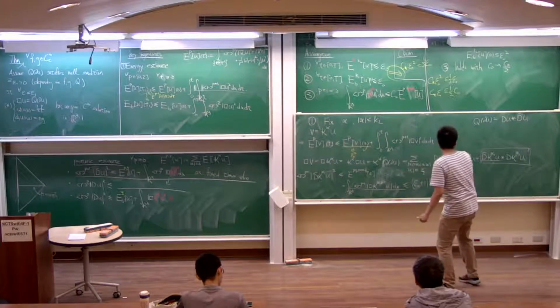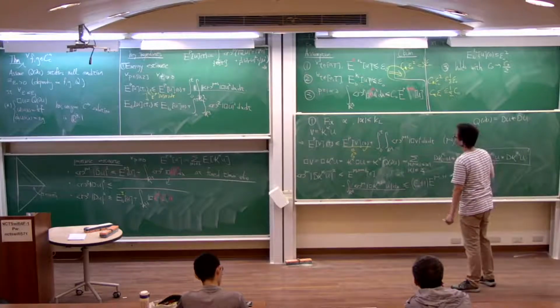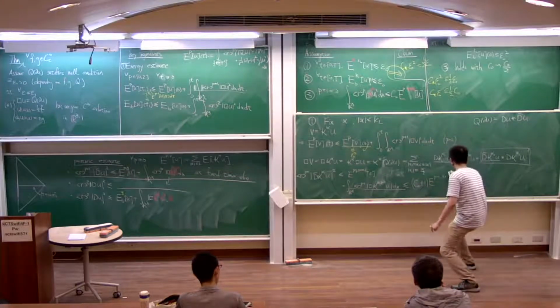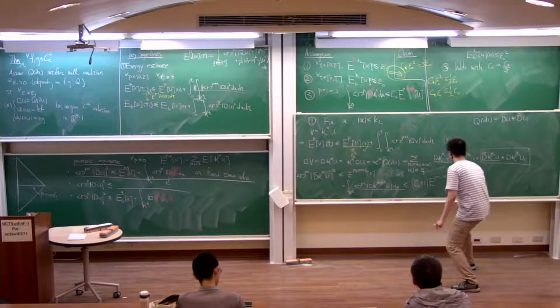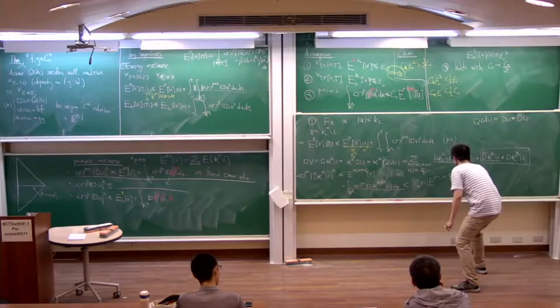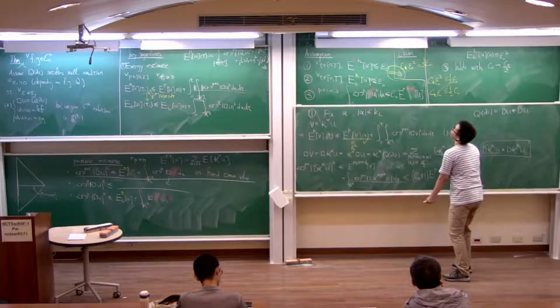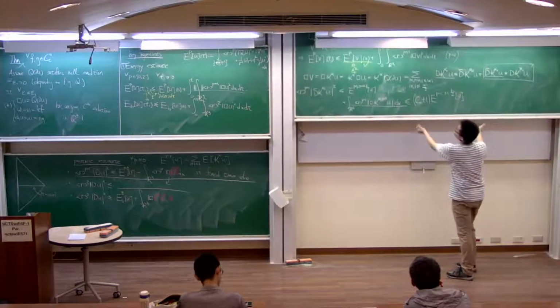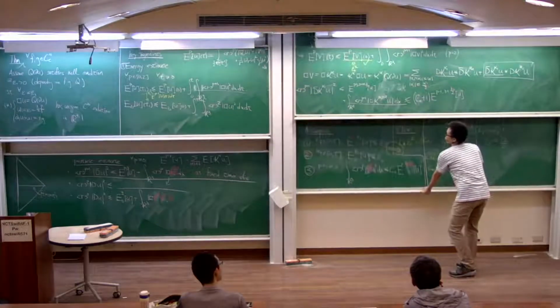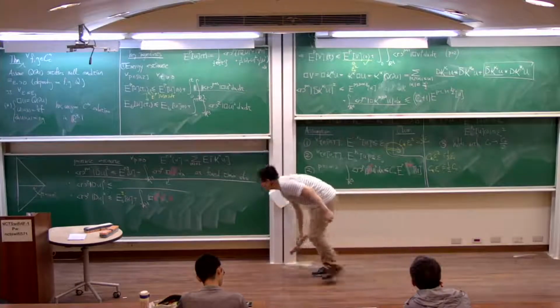Alpha 1 is less or equal to alpha over 2, alpha is less or equal to KL, over 2 U. I don't want to erase this.